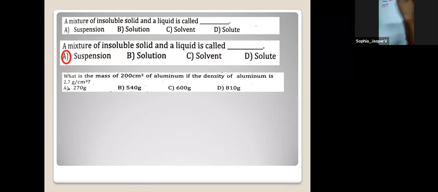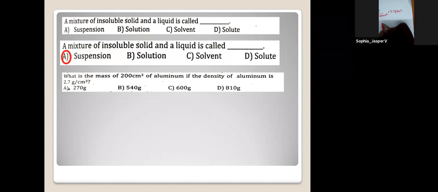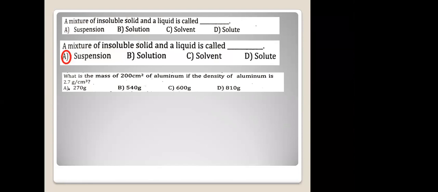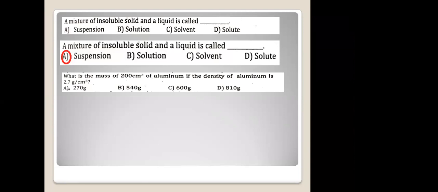What is the density that is given? 2.7 gram per centimeter cube. That's right. So Caleb, what was your formula? What did you write? We use the crisscross method. That's right.